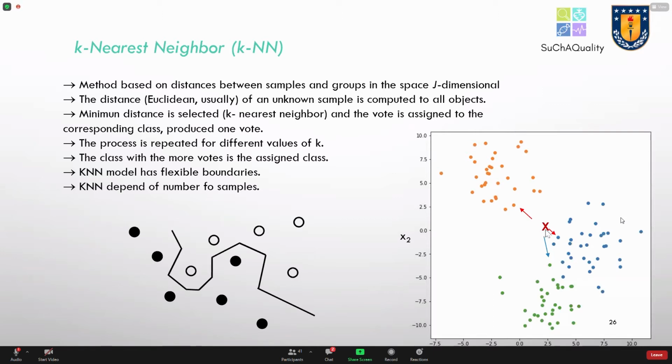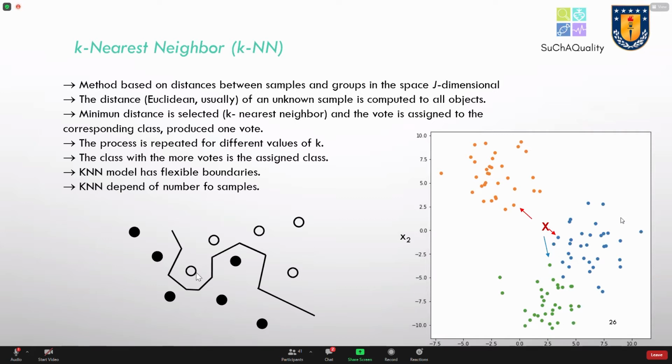So it's easy. But here we have just one nearest neighbor. It is easy to calculate. And maybe the advantage of this method is that this model has flexible boundaries. So we don't need a mathematical function, linear function, quadratic function to be found to separate the samples. So we can have samples from one class in the other group, near the other samples.